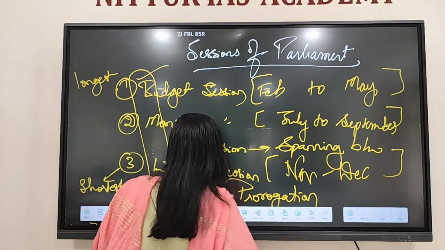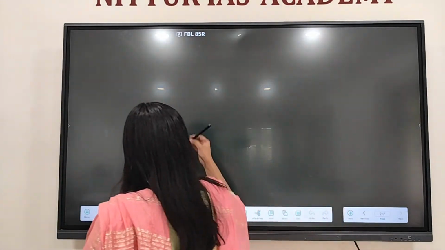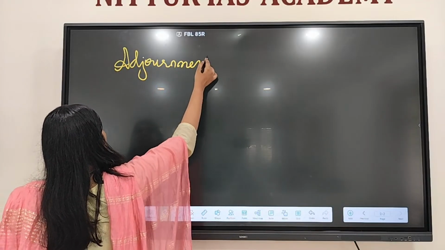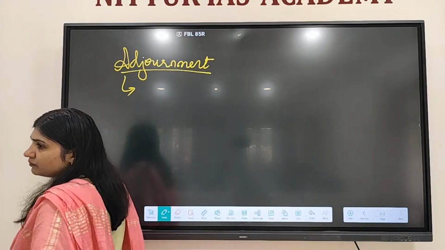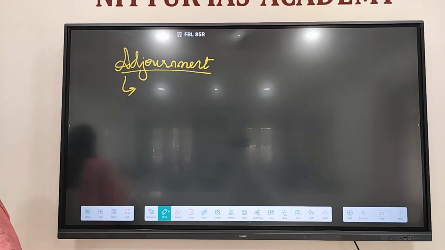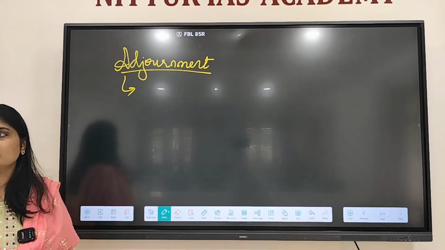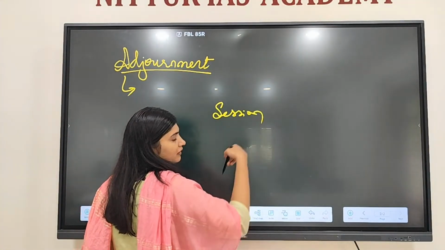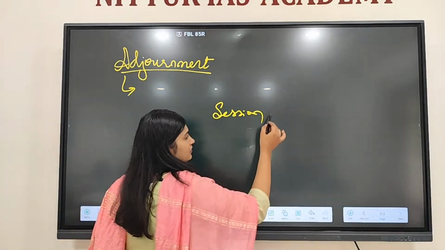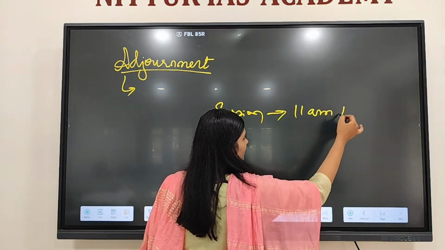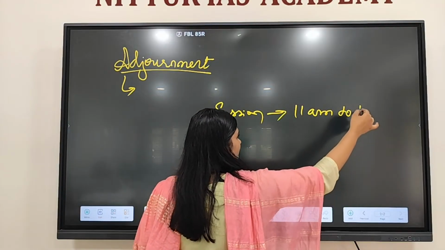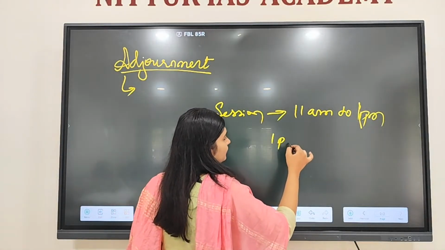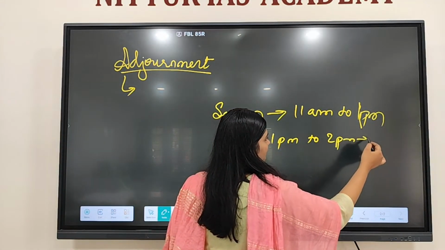Next definition. Adjournment. Concentrate here. In a session, every day when there will be sessions, the session will start at 11 a.m. to 1 p.m. Next, 1 p.m. to 2 p.m., lunch.